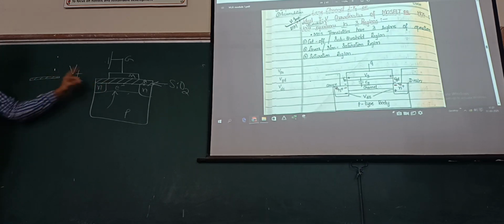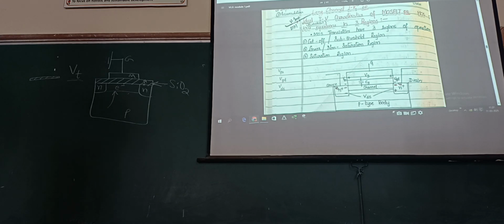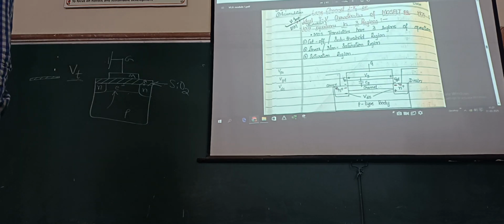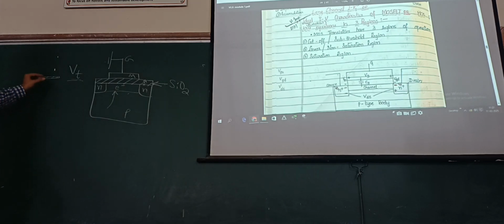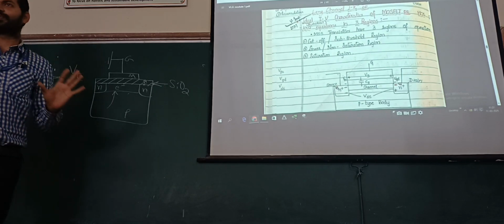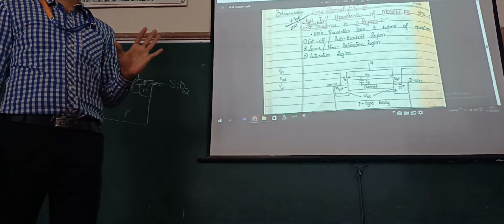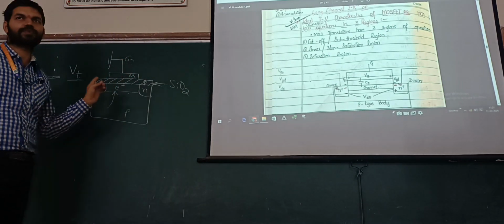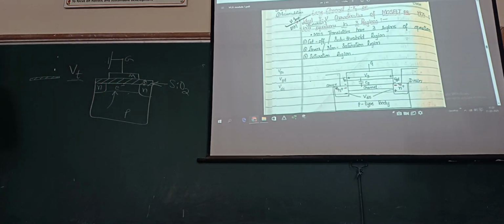This makes the difference in channel formation, or turning on the device. So by changing the thickness of the oxide layer, there will be a slight change in the threshold voltage. That is how we adjust the threshold voltage.